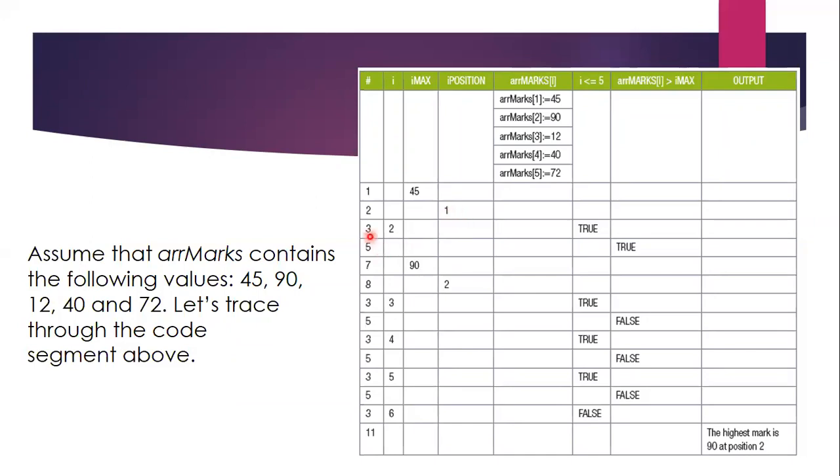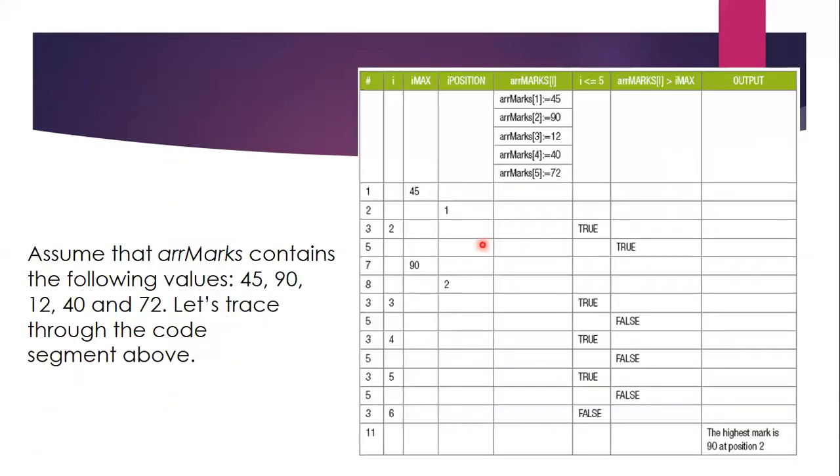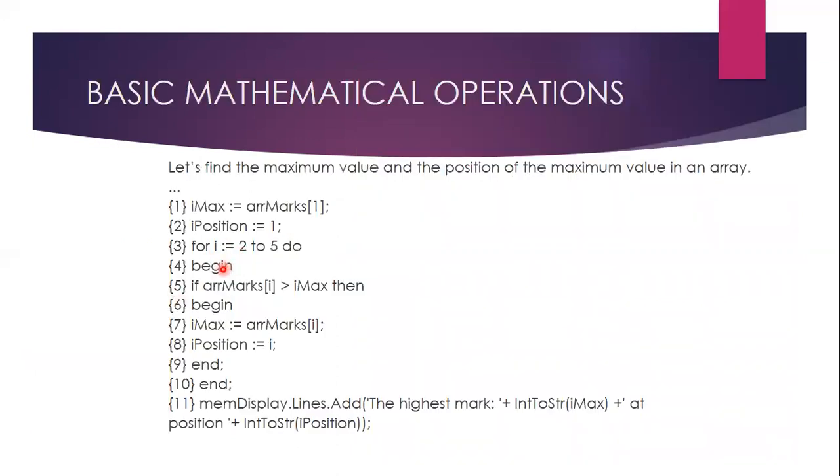Step 3, the question was, for I 2 to 5 do, I'm going to go and check my values. Is I less than or equal to 5? There's my value 2, and the answer is true. Then I'm going to go to step 5. Let's quickly see what step 4 was. Step 4 was a begin.